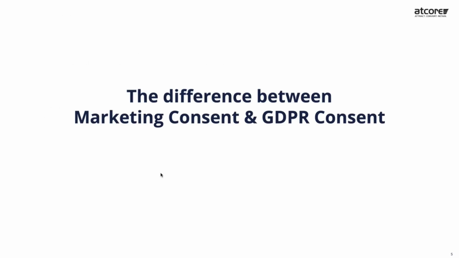The reason why I want to talk about GDPR consent in consent management in general is because in some of our consent management projects and daily work with our clients, we tend to come across confusion regarding marketing consent and GDPR consent and the difference between the two. So this is why I would like to start out by clarifying the difference.